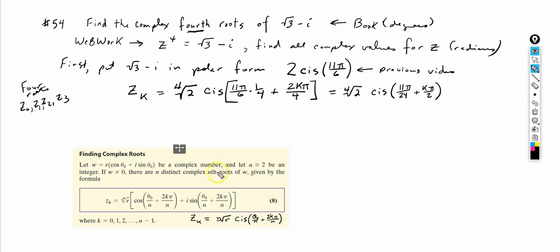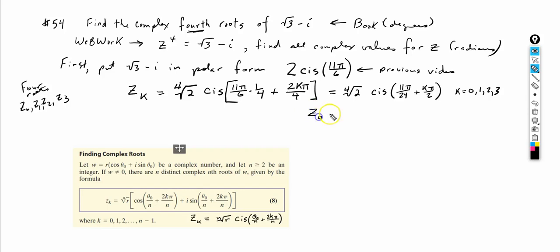And since we're trying to find fourth roots, k is going to be 0, 1, 2, or 3. And so this is how I'm going to find these different roots.